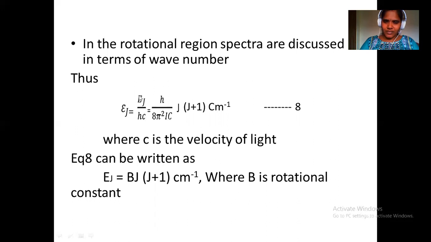Energy in joules divided by hc gives h by 8 pi square Ic into J into J plus 1, in centimeter inverse.